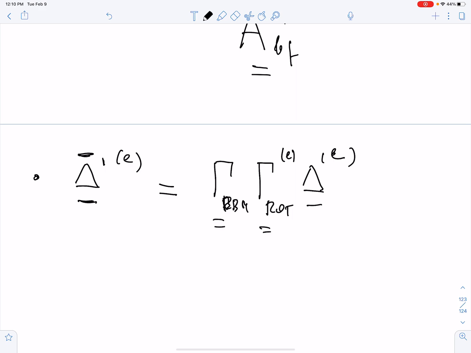Okay, we covered this multiple times. This is the same as matrix gamma E.